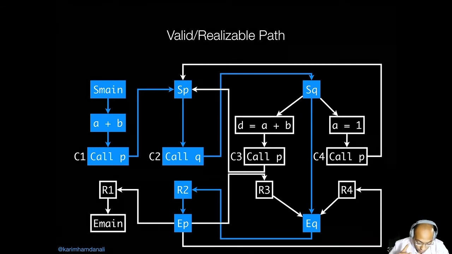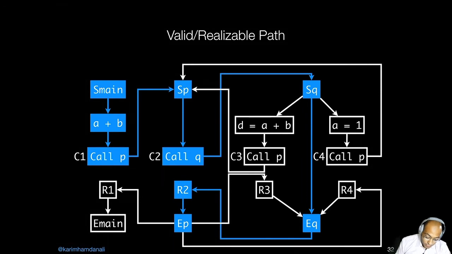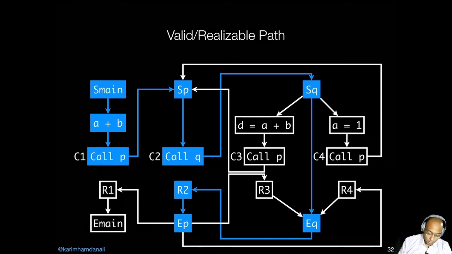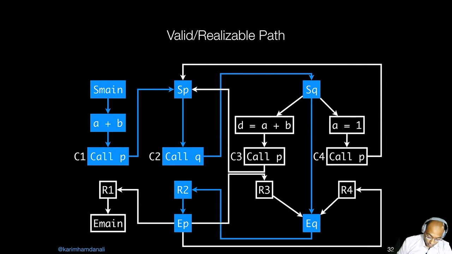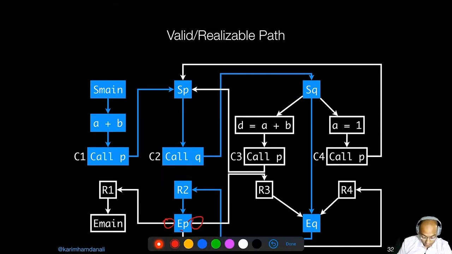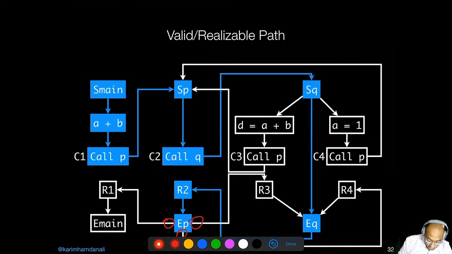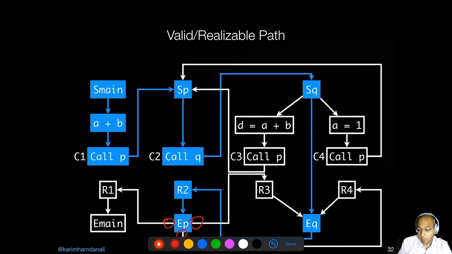So the thing that we should notice here is, even though the three edges that are coming out of P, there is 1, 2, and there's 3, those 3 are valid on their own, right? These are potential edges that may happen at a given path at runtime.